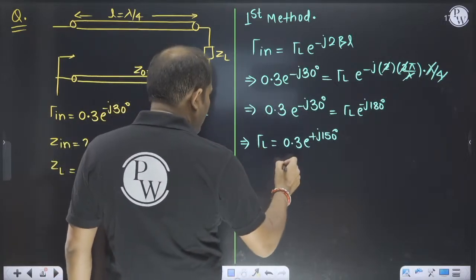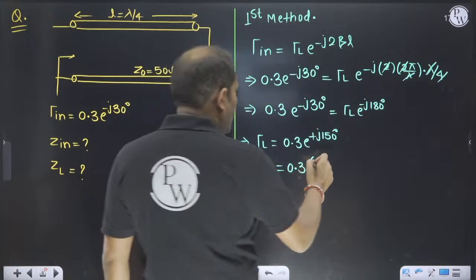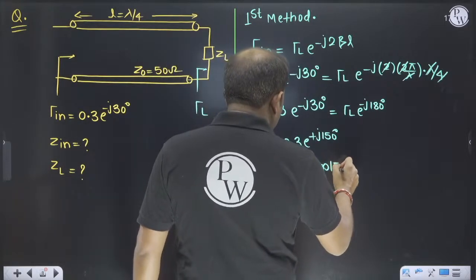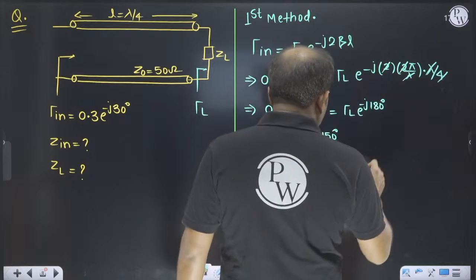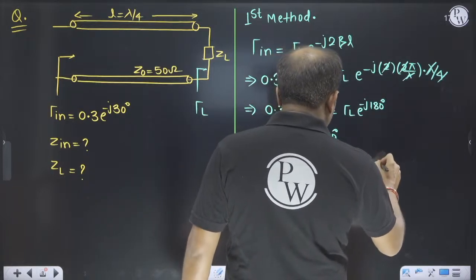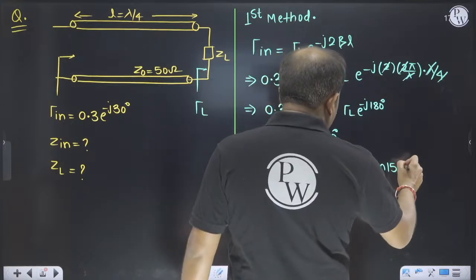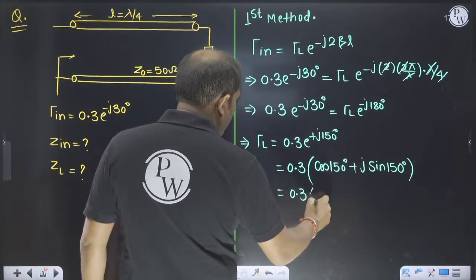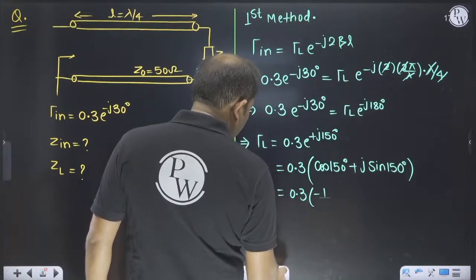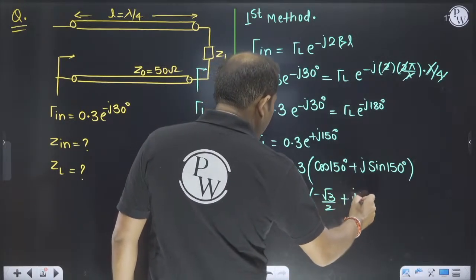Then gamma L you will get, so 0.3, 30 degree, so cos 150 degree. Cos 150 is cos 30, and cos 30 is minus root 3 by 2, plus sin 150 degree. Sin 150 degree is sin 30, and sin 30 is 1 by 2. So 0.3 minus root 3 by 2 plus j 1 by 2.